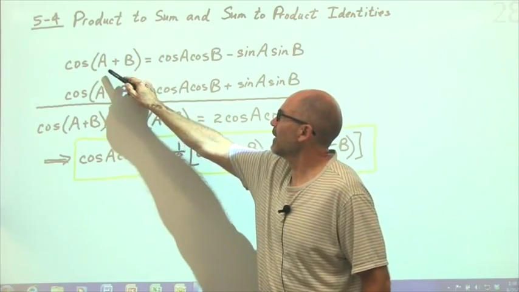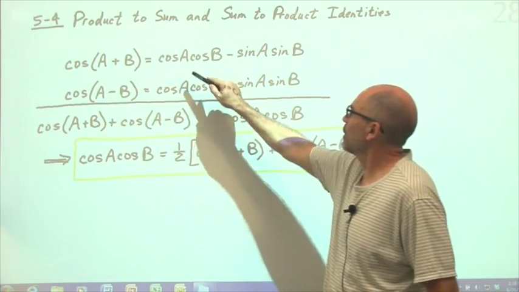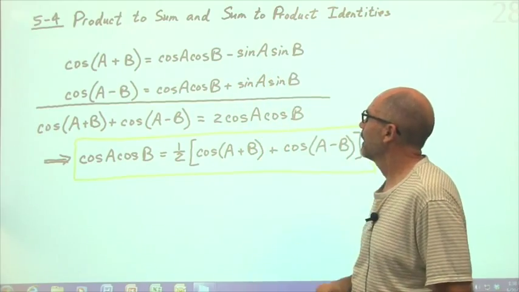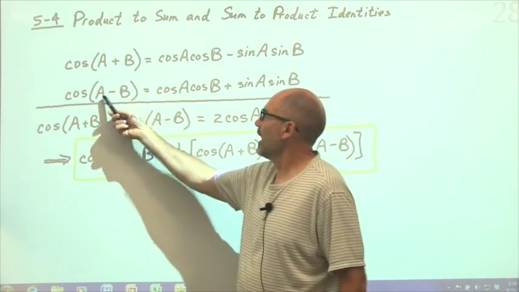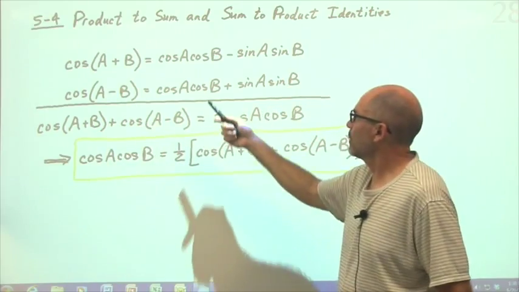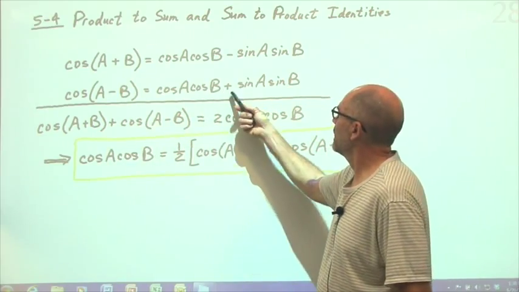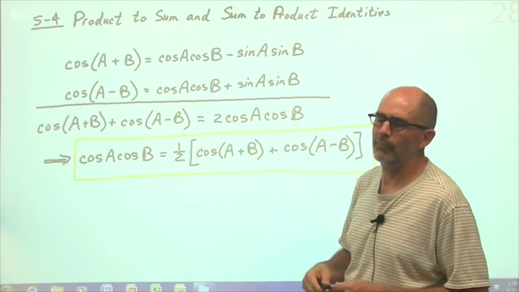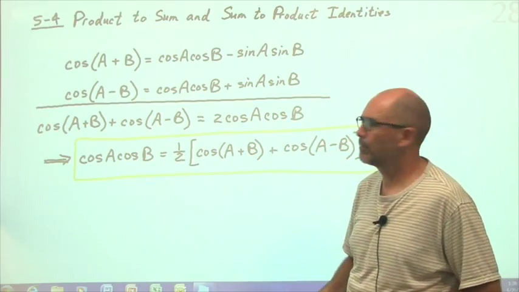So cosine of A plus B equals cosine A cosine B minus sine A sine B. Now cosine of A minus B equals cosine A cosine B plus sine A sine B. So we've known that for all our lives.